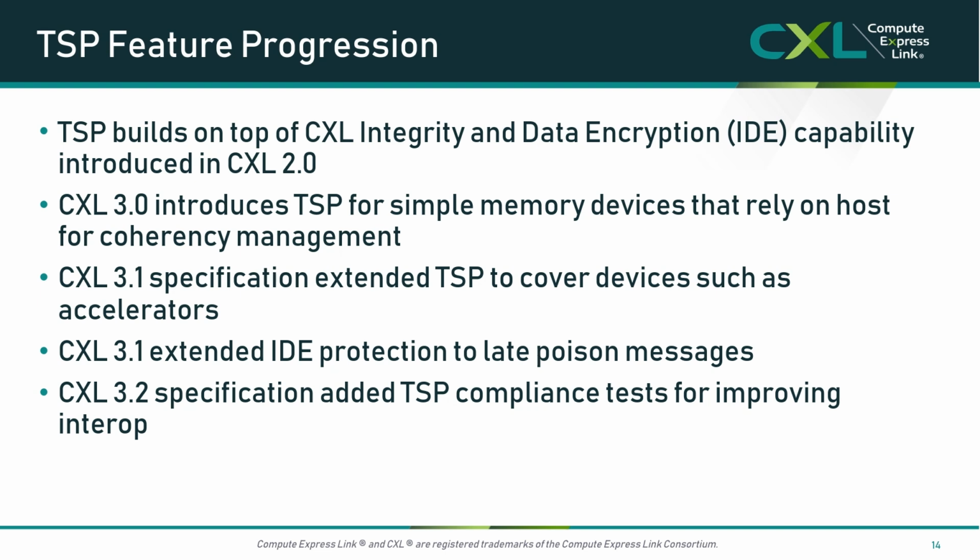In 3.1, we built on top of that and extended it to cover accelerators, the ones that use .mem only but can manage coherency. So now in 3.1, you have memory as well as accelerators that can be part of the trusted VM domain, and these workloads can benefit from that.